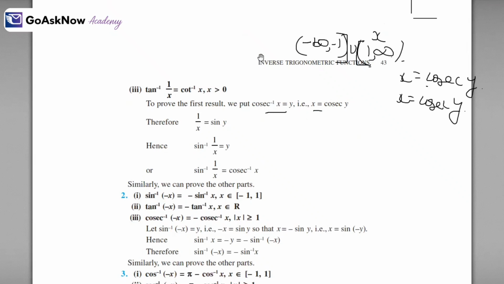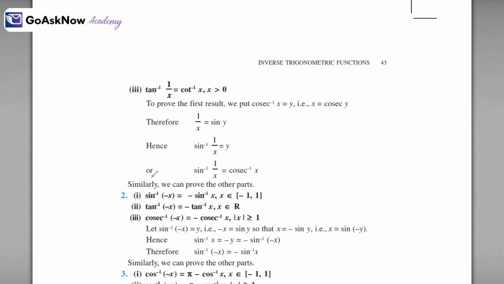So let's move further and see the calculation part, how the formula has come. After x is equal to cosec y, we can find out what sine y is in this triangle. Cosec y is x, so the hypotenuse is x and the perpendicular is 1.